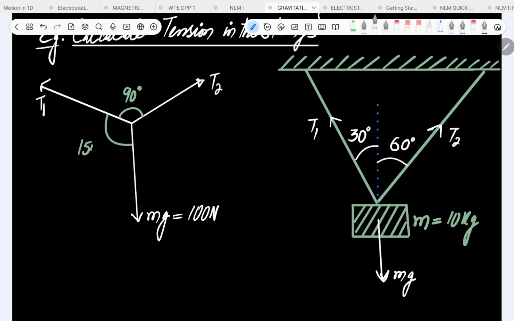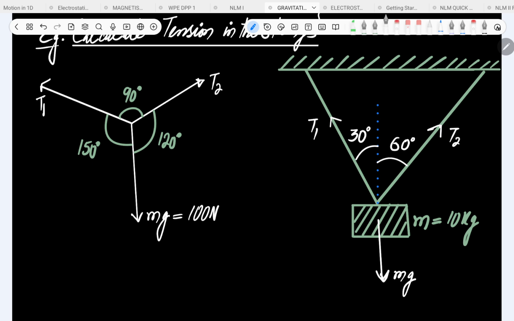So here I will write it down, this is 150. In the same way, this angle will obviously be 120 degree, because we have 60 here, so this angle is 180 minus 60, which comes out to be 120.